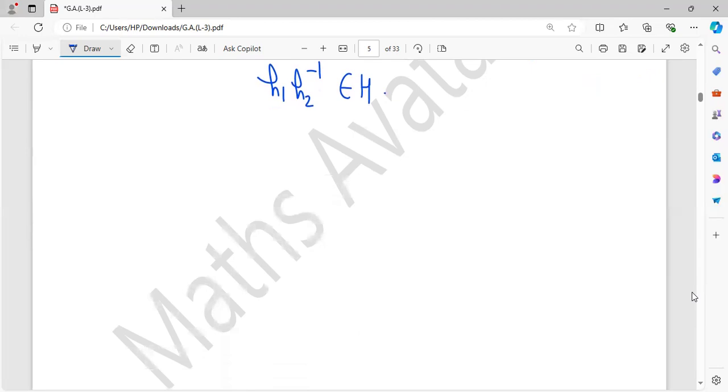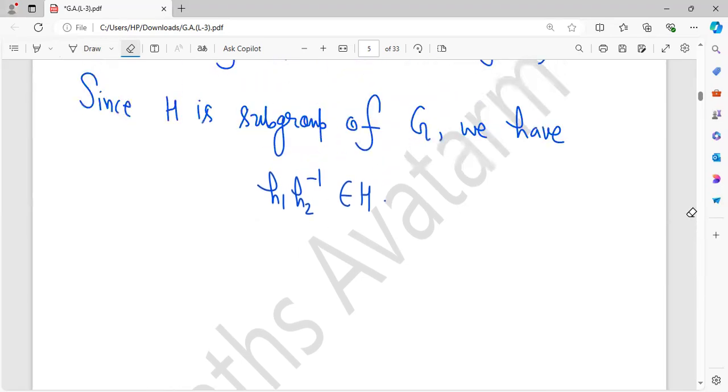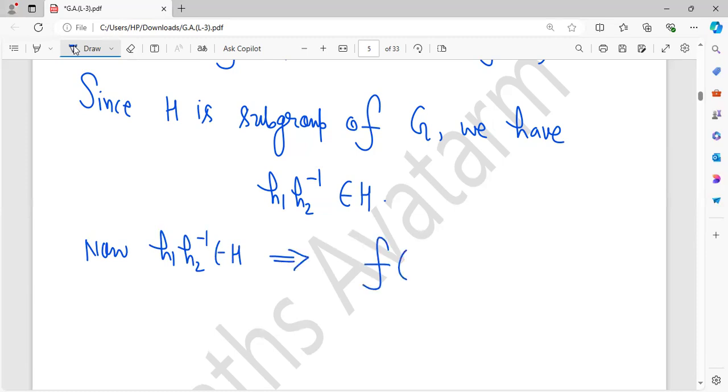Now, what is a b inverse? Now, h1 h2 inverse belongs to H. So this implies f(h1 h2 inverse) belongs to f(H). So what is this?